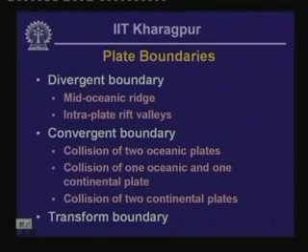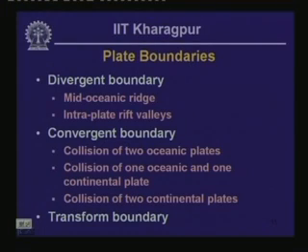And then there is transform boundary. At transform boundary, two plates are sliding past each other. They do not want to override each other, they are just merely sliding past each other, and one such transform boundary is the west coast of the southern part of North America, California in fact, that has a very remarkable transform boundary between the Pacific plate and North American plate.